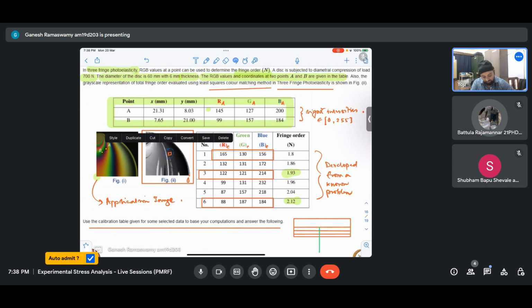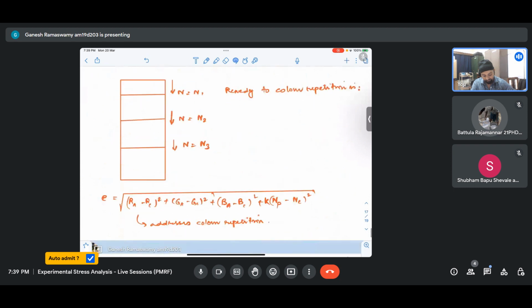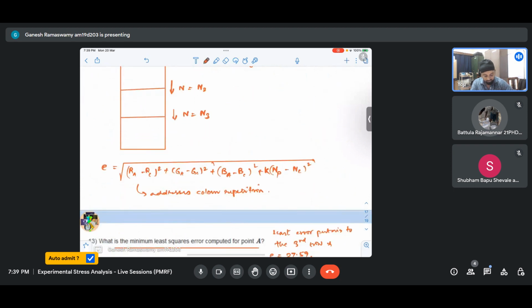Let us say that our pixel has reached this point. It will not only check the RGB difference, but it will also check what its neighboring pixel's fringe order is. If the fringe order here is 2, and the simple RGB formula indicates that the fringe order here is 7 because of that color repetition, it will not pick that point because for 7 minus 2, that error will be much more. So this is how it will basically do the refinement. So this is nothing but our refining scheme. This is called refined TFP.